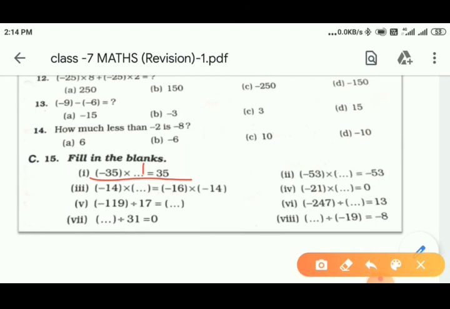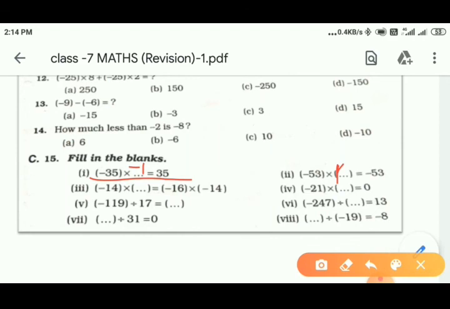But we want plus 35. So let us make it minus 1. So minus 1 when multiplied with minus 35 give us the plus 35. Similarly, minus 53 give us the answer same. So when a number multiply with 1, its answer remain same. So minus 53 multiply with 1 give us the same number.